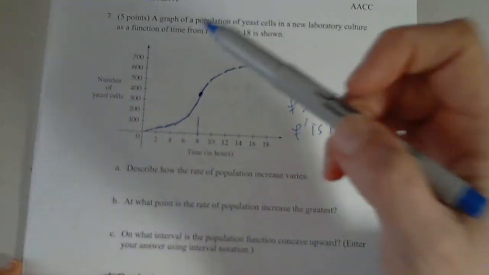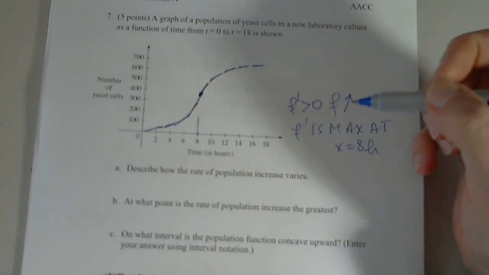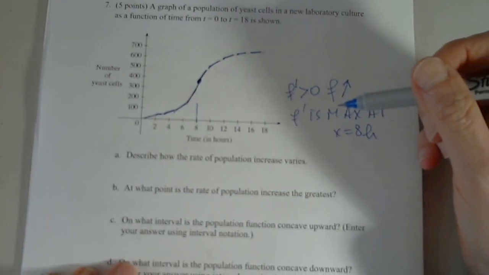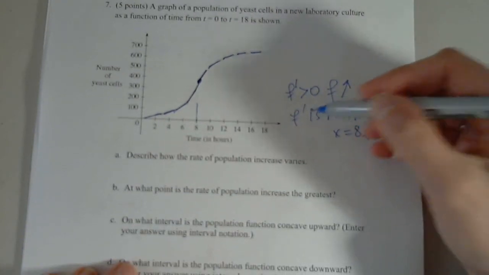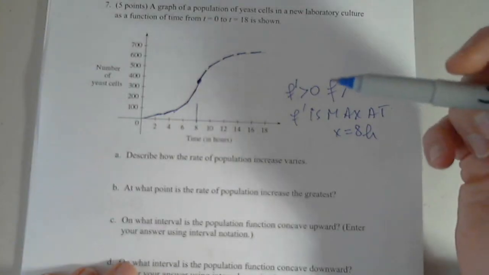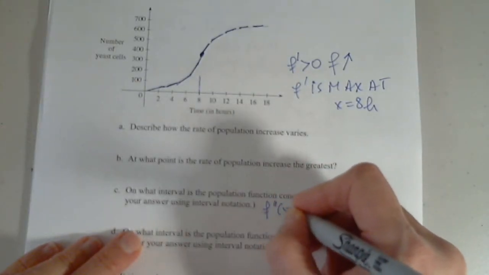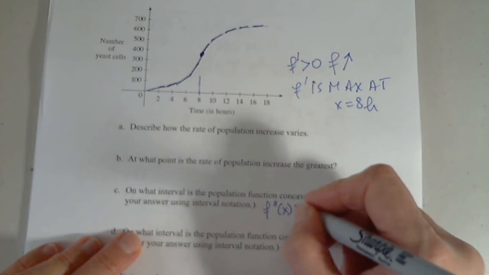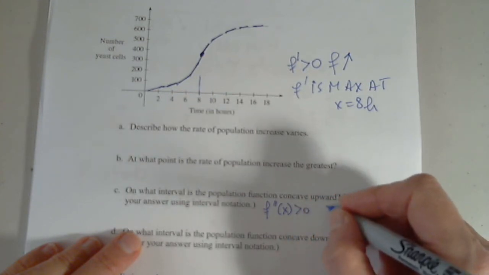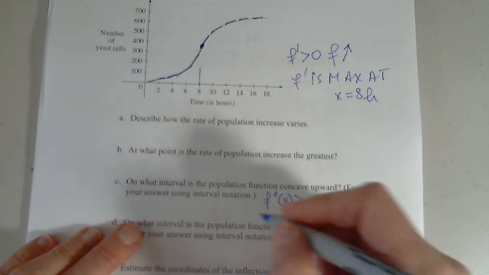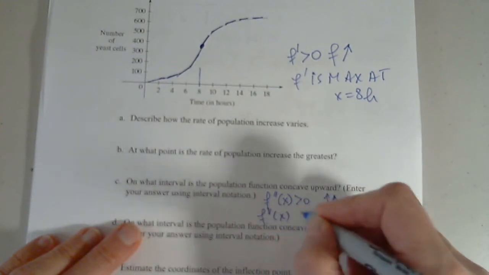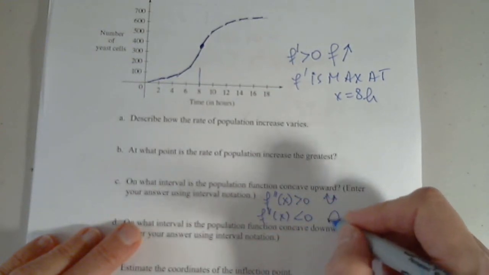Okay, so what do we know about concavity? We know that if the second derivative is positive, the function opens up. If the second derivative is negative, the function opens downward.